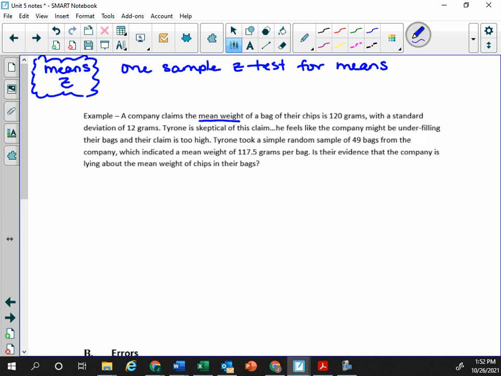All right. What are we talking about here? What is the true parameter that we're investigating? Yeah, so what we're caring about is the mean weight for these bags of chips, right? So you would identify that. I'm just going to write it at the top here. We are investigating the true mean.